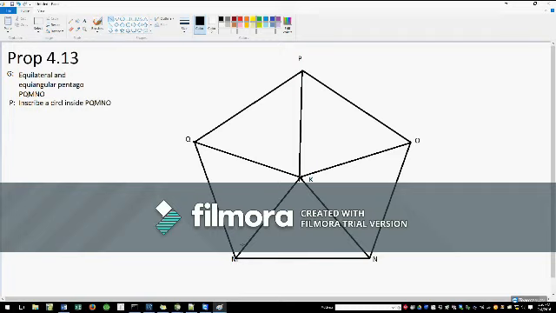Therefore the base QK is equal to the base KN. It's nicer if you mark them as you go.